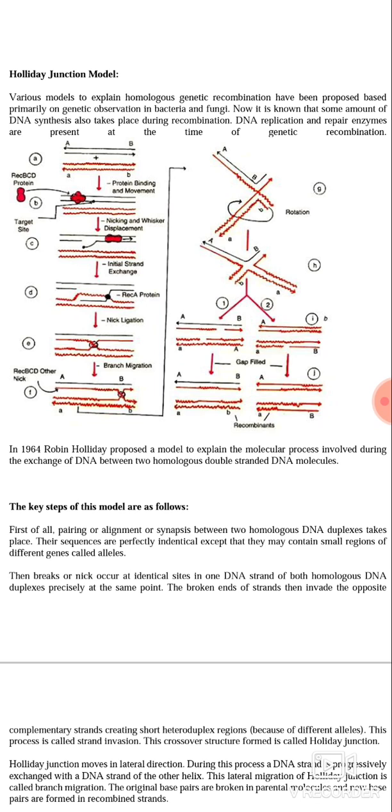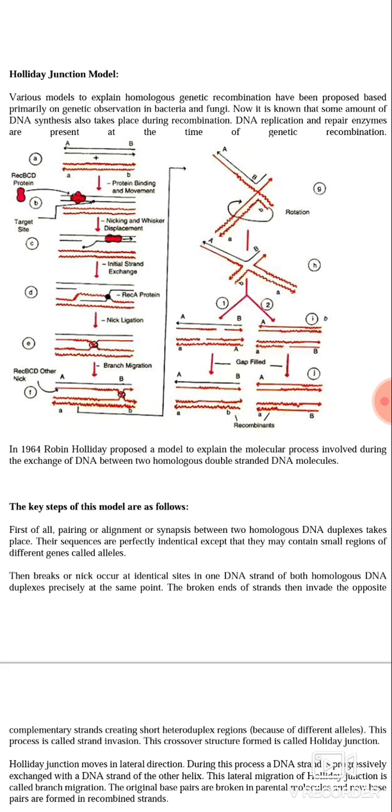Precisely at the same point, the broken ends of strands then invade the opposite complementary strands, creating short heteroduplex regions because of different alleles. This process is called strand invasion. This crossover structure formed is called the Holliday junction.